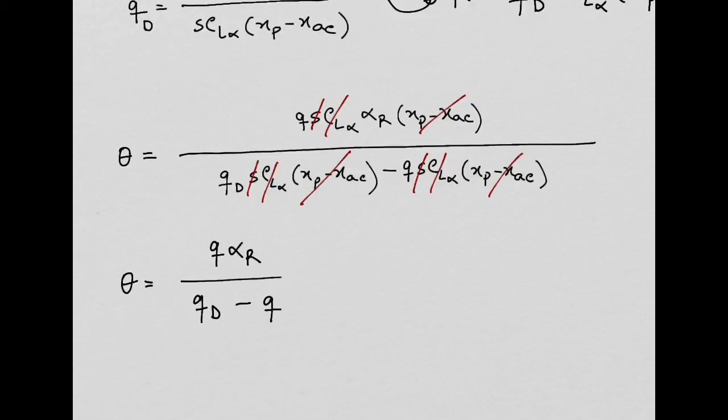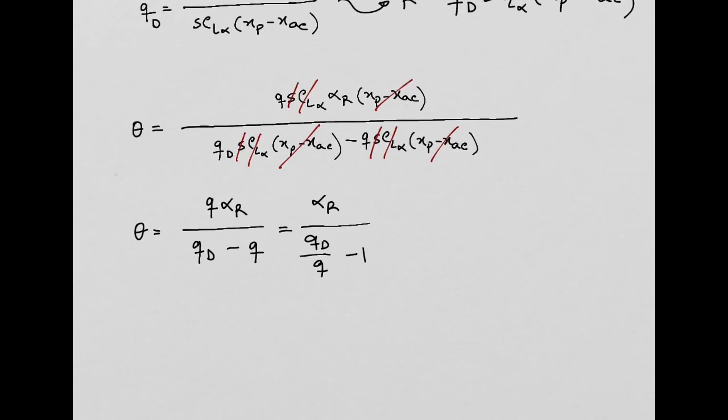Okay? Or if you divide the numerator and the denominator by Q, by dynamic pressure, you get alpha r over qd over q minus 1. All right?